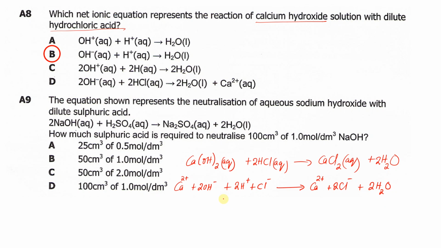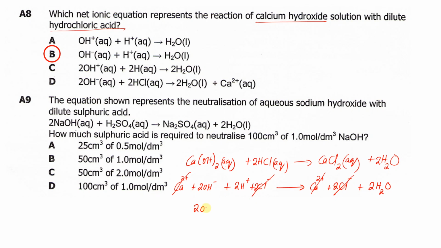So this is an ionic equation. In an ionic equation, we always cancel out ions that are present on both sides of the equation. Here we have calcium, we cancel it with this one. Then also the chloride; there's a 2 here too, so this chloride and this one cancel. So what are we remaining with?